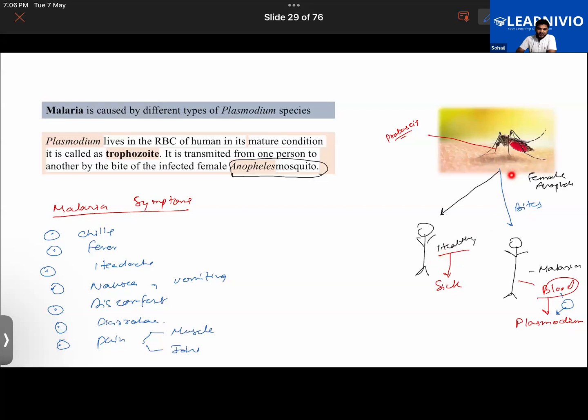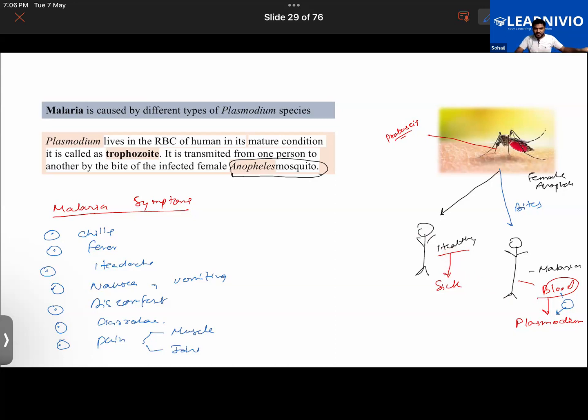The mouth of this mosquito is already infected with plasmodium. Once the mosquito inserts its mouth into the skin of this healthy person, obviously the plasmodium will get into the body of this healthy person, thereby making him sick.